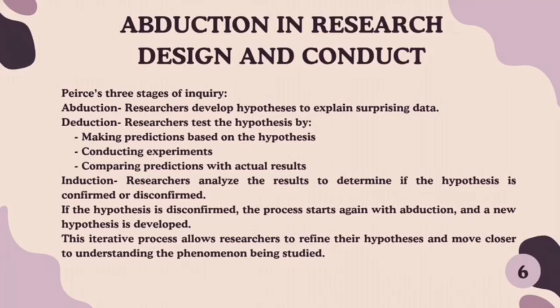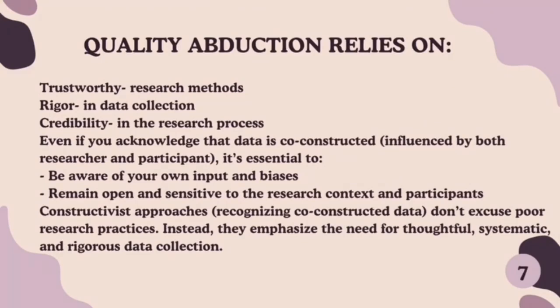Deduction is where researchers test the hypothesis by making predictions based on it, conducting experiments, and comparing predictions with actual results. And induction is where researchers analyze the results to determine whether to confirm or disconfirm the hypothesis. You already know what a hypothesis is, and whether it gets rejected or not. Then here we talk about the quality of abduction.